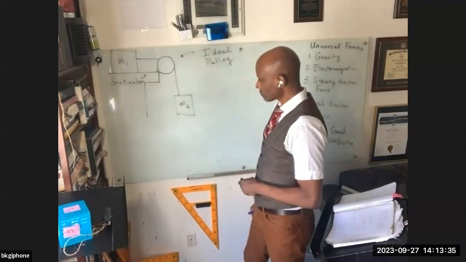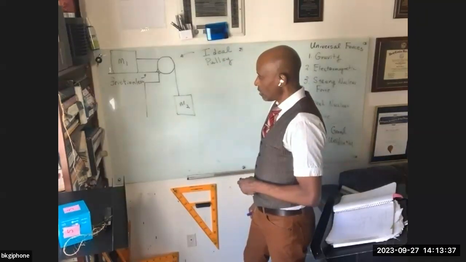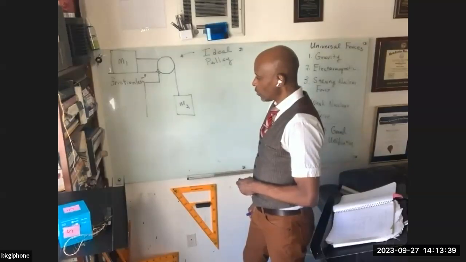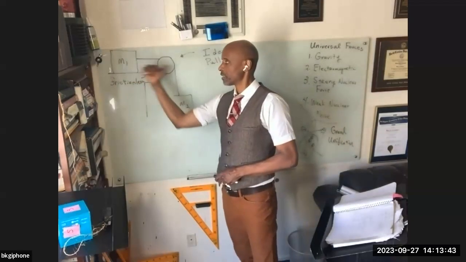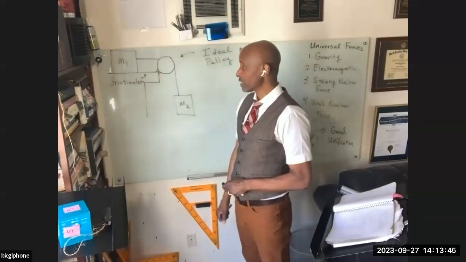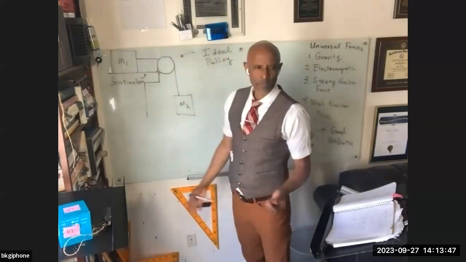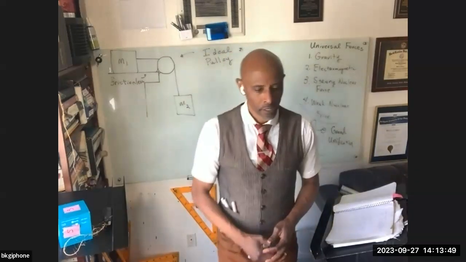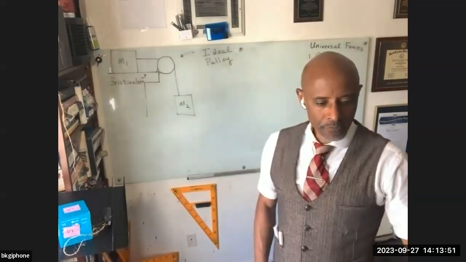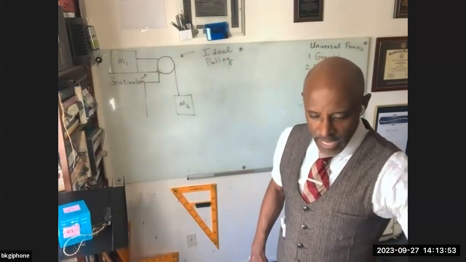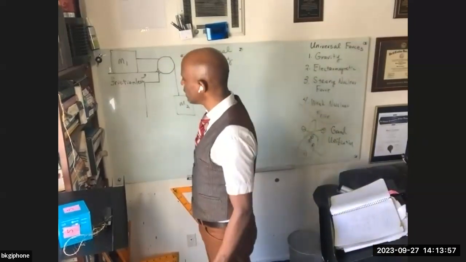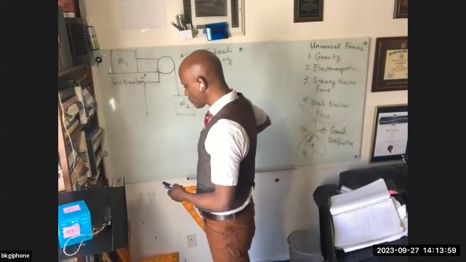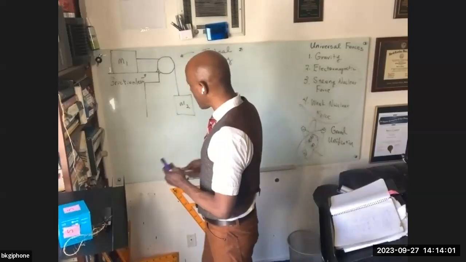Now, we know that the system is accelerating. If we look at this block, it's accelerating to my right. I have to establish a coordinate system. I'm going to put it back at this point, but I'm first going to draw it through the center of mass of this object.